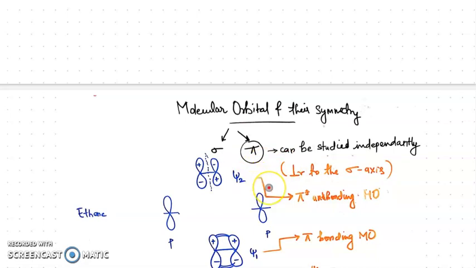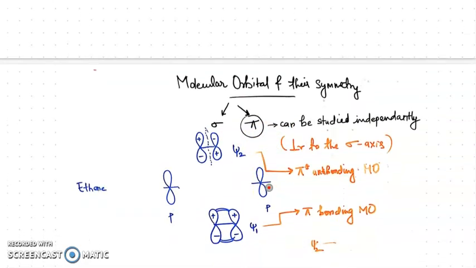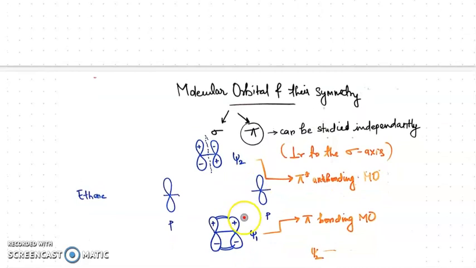Okay, so let's start with ethene, a compound with just one double bond. When we talk about the pi bond formed in ethene, we talk about the overlap between the unhybridized p orbitals on the two carbon atoms, and each of these unhybridized p orbitals has one electron.